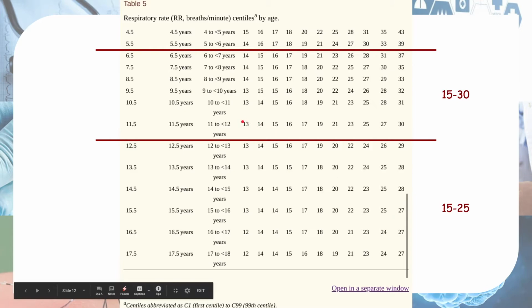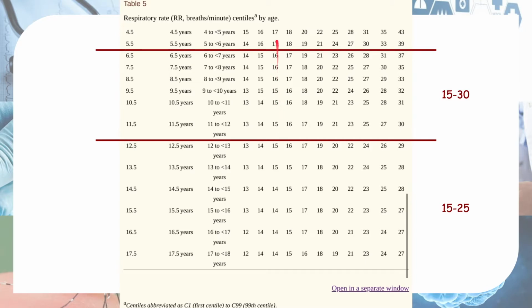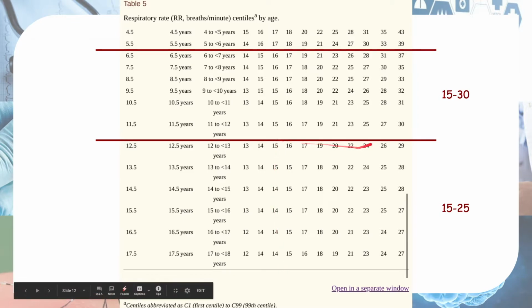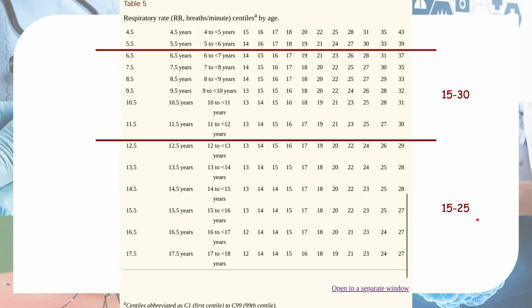Okay, next is late childhood, or not late childhood, you call it older child. Older child, you have about 15 to 30 over here. And then in adolescents, which is 12 years to 18 years, you have about 15 here, and then over here about 25.